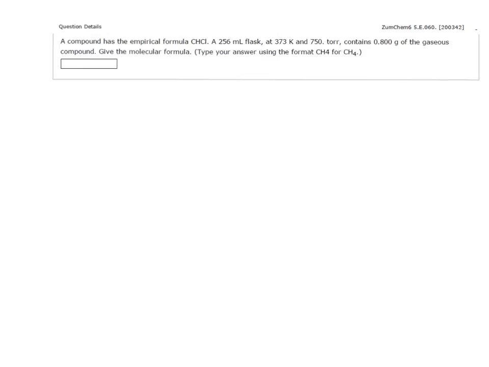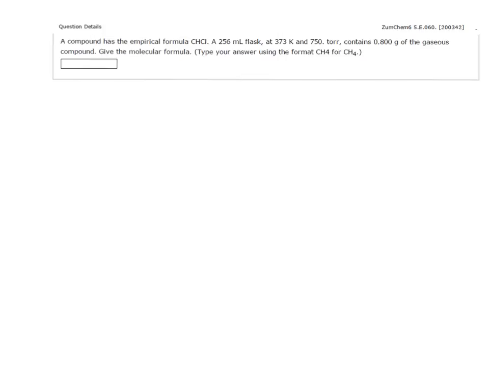We're going to definitely use the ideal gas law to get the number of moles, and then we'll use the number of grams along with the number of moles to get the molar mass. And then we'll look at the empirical formula which they gave us, and compare the molar mass to the empirical formula mass in order to find the multiplier that we need.